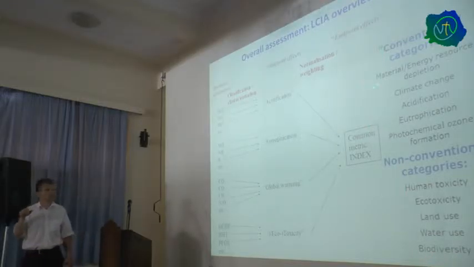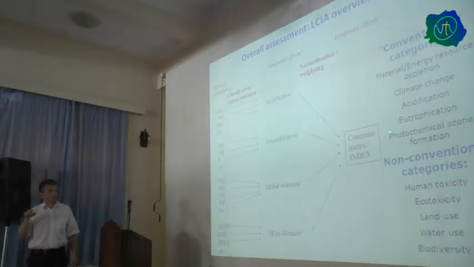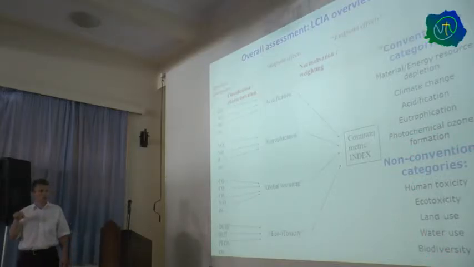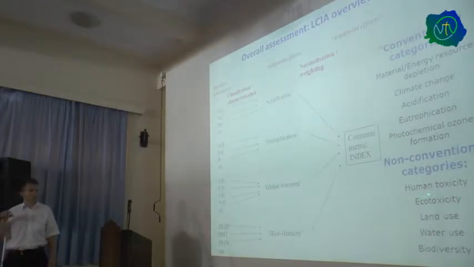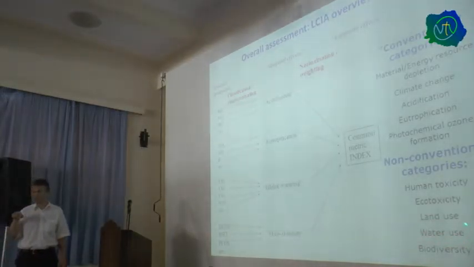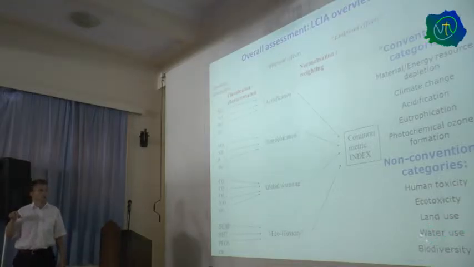Nevertheless, if we look at the full range, or an extended range of various categories, you can say that there are some categories that are reasonably well developed in terms of how to deal with this characterization step, whereas there are some other categories that are under discussion and not so well developed. I guess recently water use has been fairly well developed into the water footprint discussion of water use in LCA.